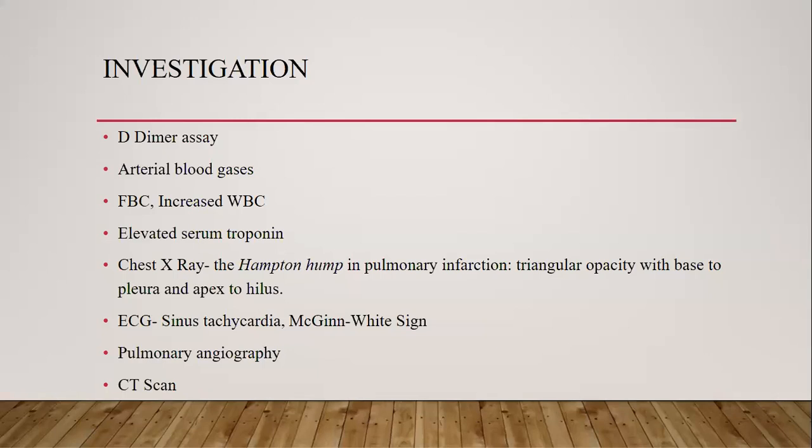Usually, we don't want it to go above 0.5, but in PE, you realize that whenever a clot forms, your D-dimer goes so high. We can do arterial blood gases to check the partial pressures of oxygen. Just like myocardial infarction, troponin has a very, very strange relationship with PE.